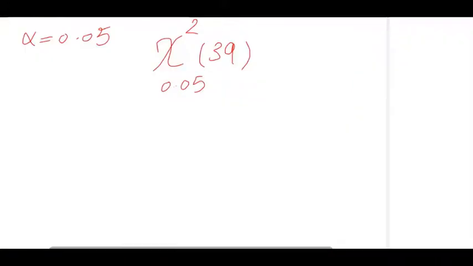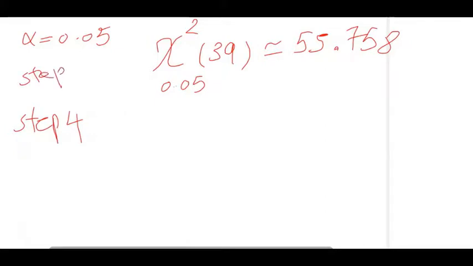So it is approximately 55, because we don't have 39 in the chi-square table, so we can consider 40. It's 55.758.